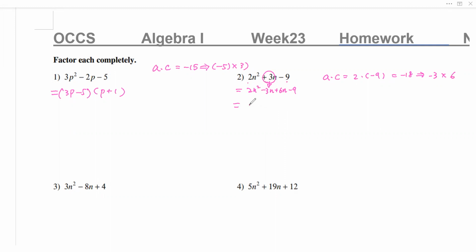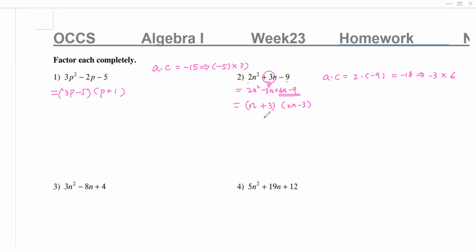So next, what's the common factor here? 2n minus 3. Well, second one, 3n minus 9. What's the common factor here? 3, right? So you take 3 here.